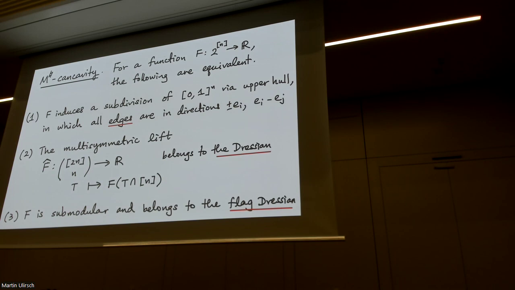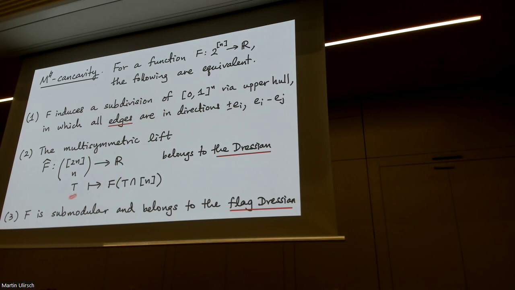And it turns out that it's equivalent to looking at the multisymmetric lift, meaning that if you have a function on the cube, you can lift it to a function on a bigger set. So these are all the n-element subsets of a 2n-element set, right? You input an n-element subset, and my output is my original function value.